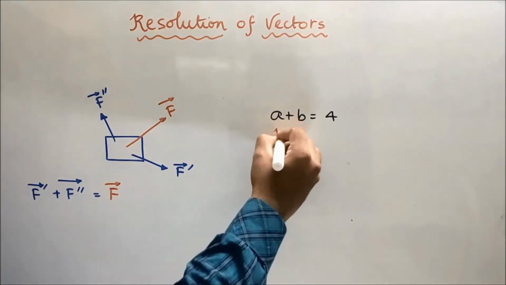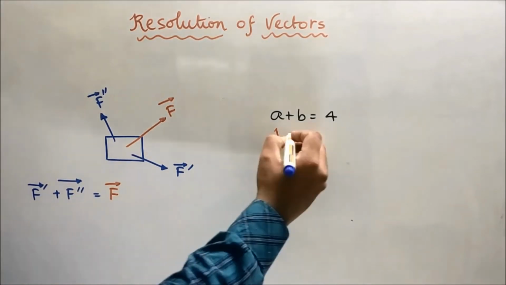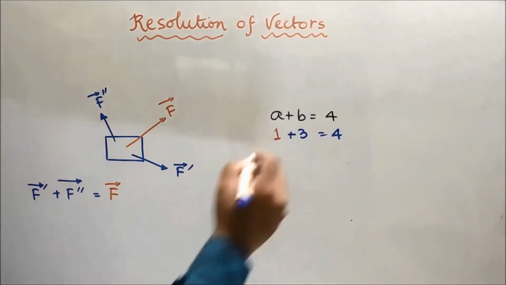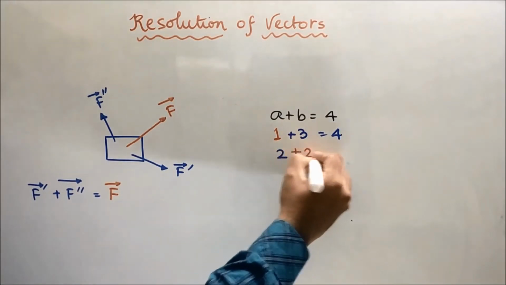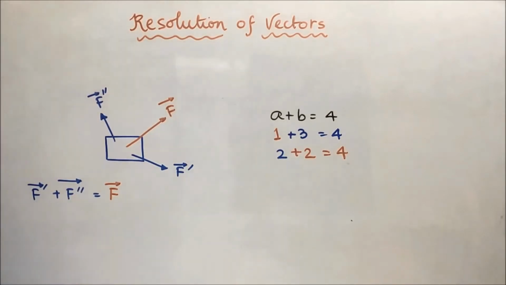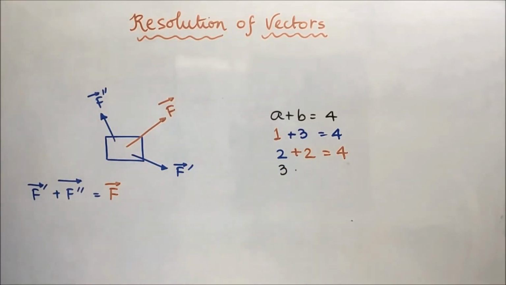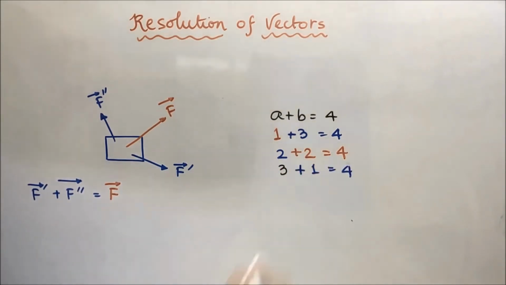Suppose one student will say A is equal to 1, then B would be 3, that gives 4. Some other student may say A is 2, then B will be 2, so the answer will be 4. Some other student may say A is 3, then B will be 1. This also gives 4.